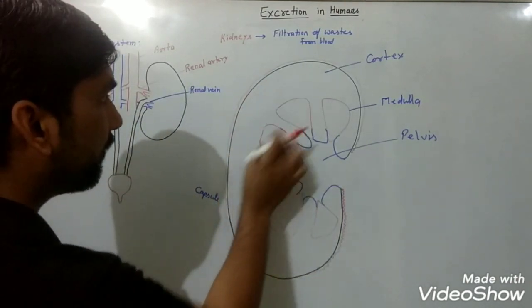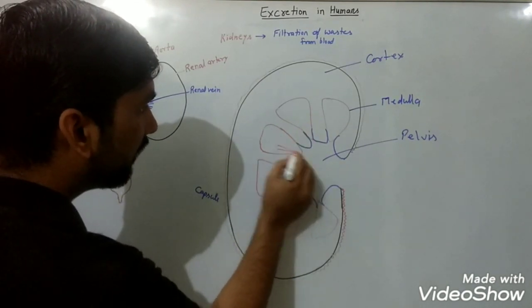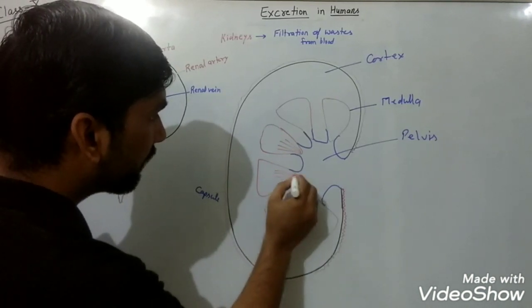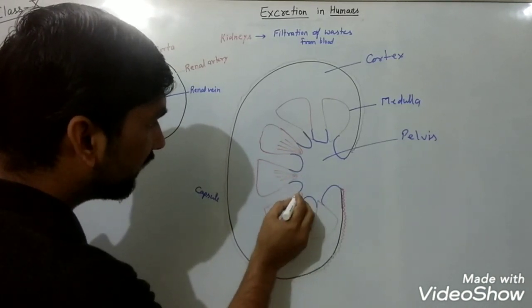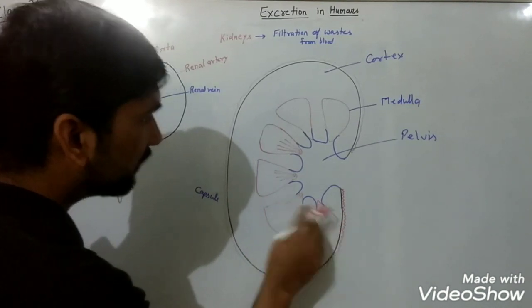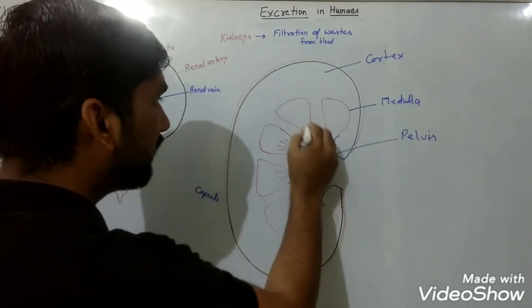Outer one is cortex, middle one is medulla, and the medulla has tubules which are going to collect the urine from the cortex region and the medulla region. Finally these tubules are going to pour their filtrate into this region, that is the pelvis region.